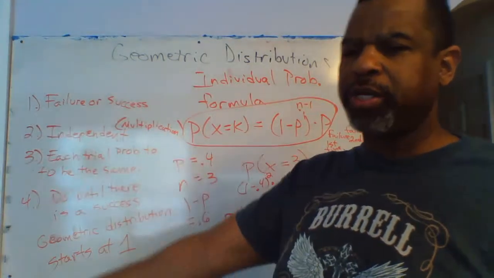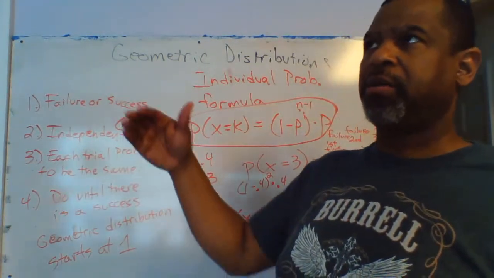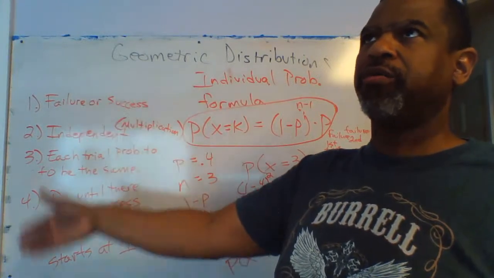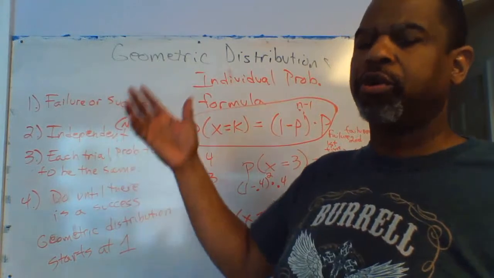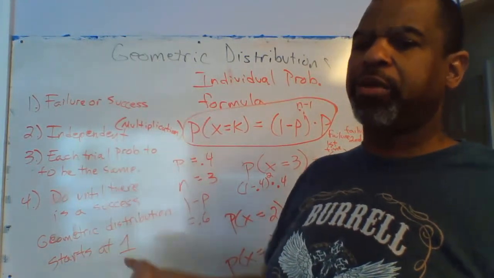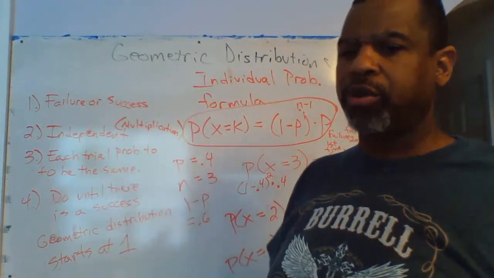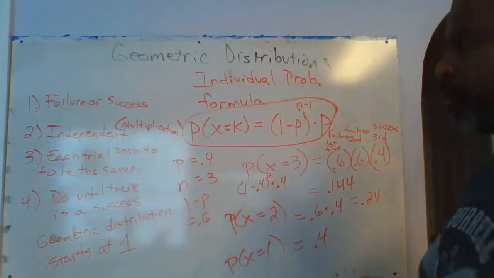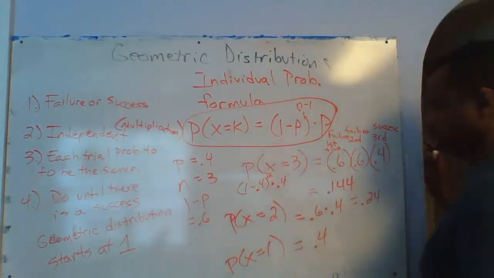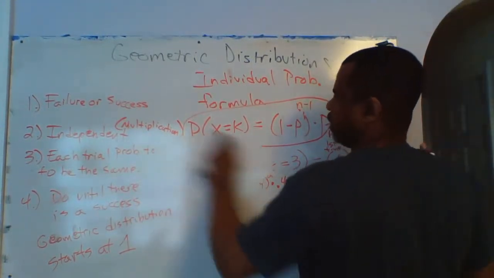That's why I did the binomial yesterday, because the binomial distribution depends on what you put in for the percent. It's going to be skewed right, skewed left, or symmetric. But for geometric, it's always going to be skewed to the right. Always.